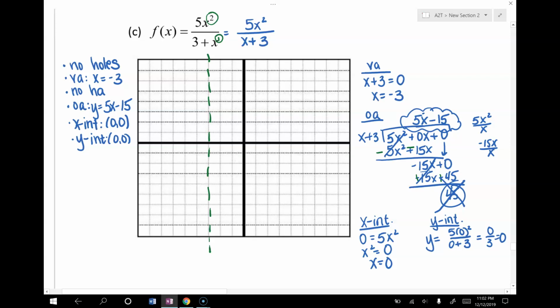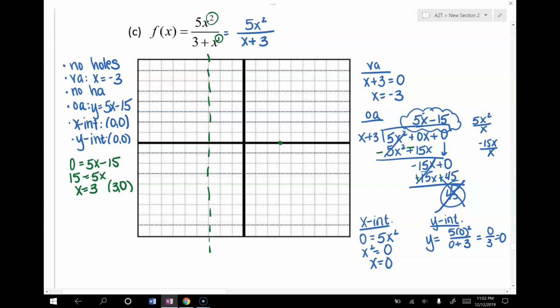If I plug in 0 for y, I'll just do it over here so you guys can see what I'm doing. I'm trying to find my x and y intercepts so I can graph based off of that. There's one at (3, 0). The y-intercept is negative 15. But I know the slope.